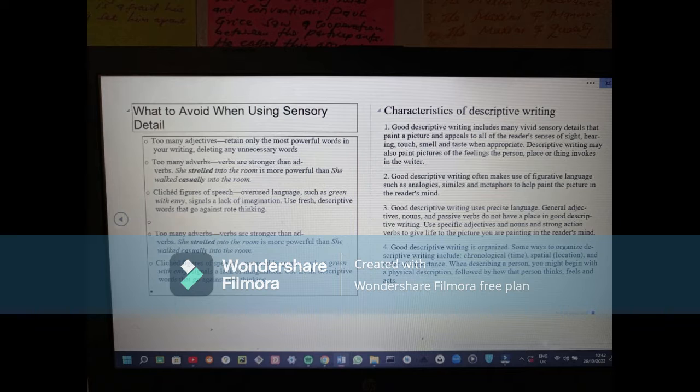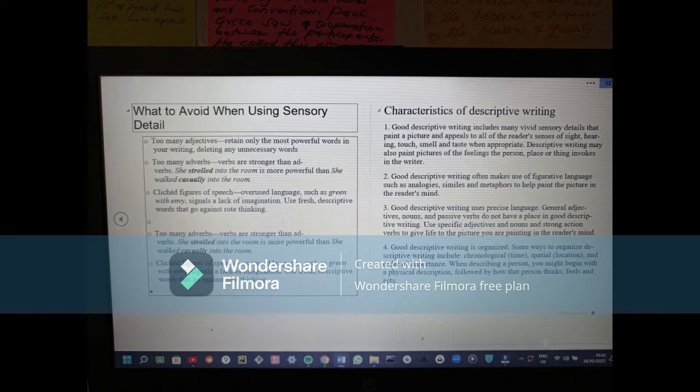So the sight, that is the optical element; sound, auditory or audio; smell, what I'll call olfactory; touch, which I'll call tactile; and the taste, which I would call also gustatory. So they must be considered.